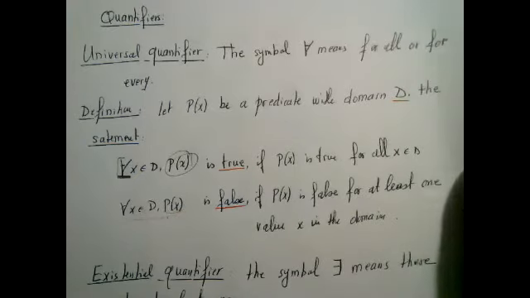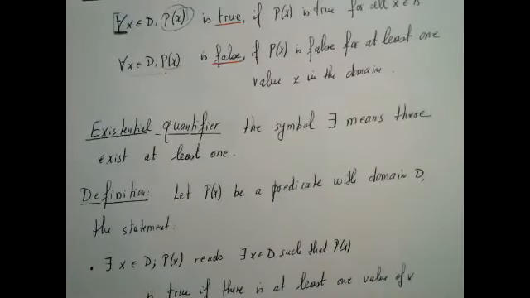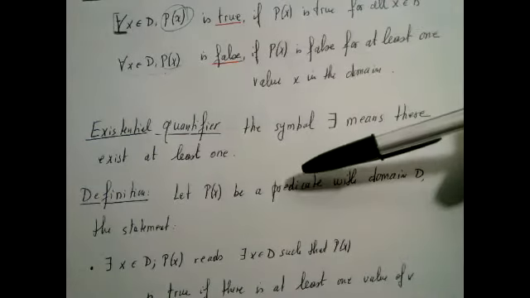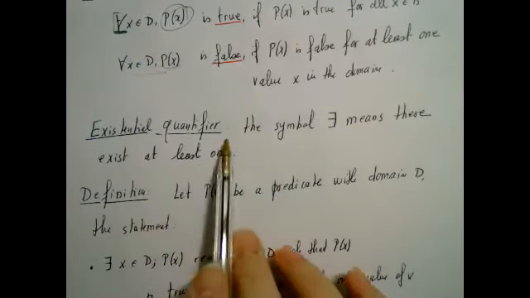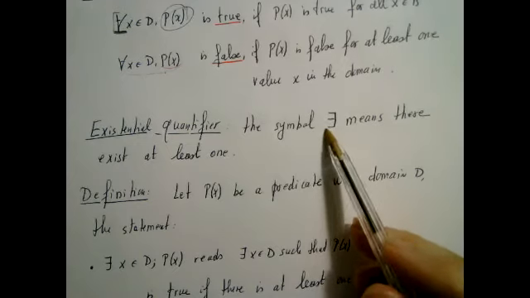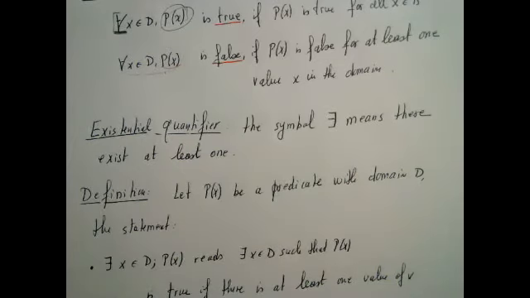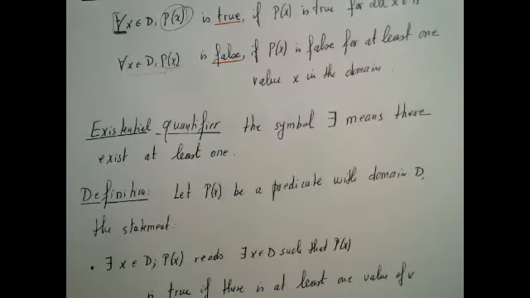Now, there is another one, called the existential quantifier. Because sometimes some sentences are true for some x and false for others, and we want to express this idea. So the existential quantifier, the symbol is a backward E, means there exists at least one. Now, suppose you have a predicate, a sentence that has a variable x, and a domain, meaning all my x's are inside this domain.